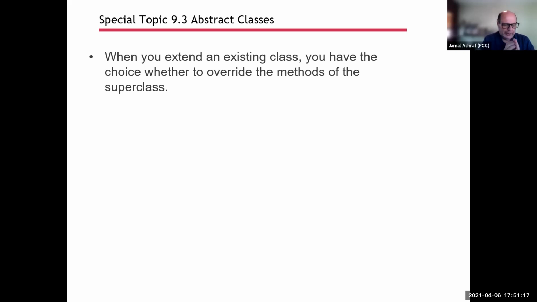Now, when I am responsible for the superclass, in some instances I don't know how to write a method, and or I want to be sure whoever creates a subclass from my super is going to be writing this method. Example, we have had shapes.